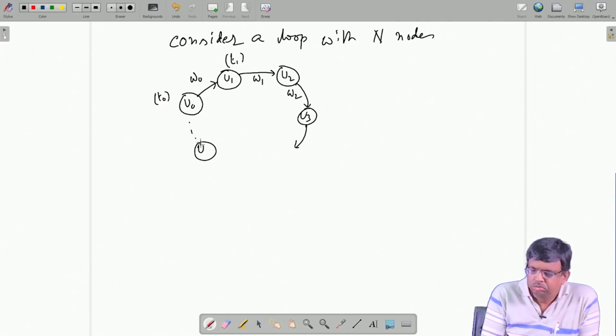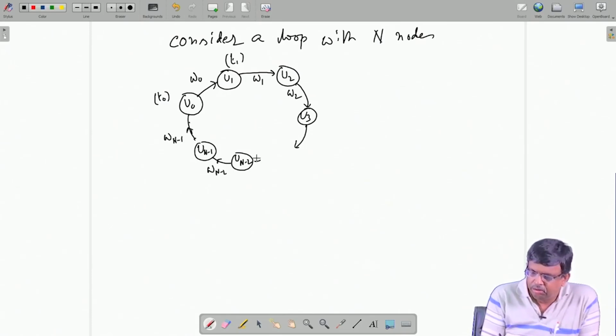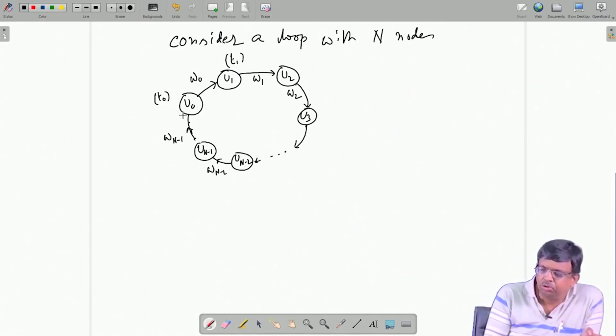So, U started with U0 and total n nodes, it should go up to U n minus 1. This is U n minus 2. So, this has W n minus 1 delay, this has W n minus 2 delay. So, U n minus 1, after that it comes back to U0.